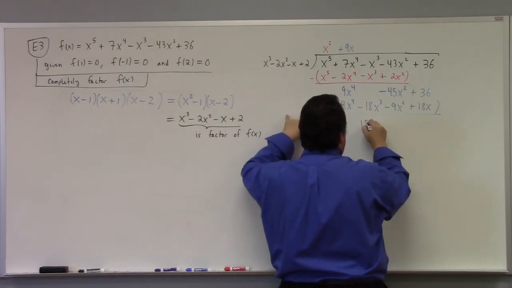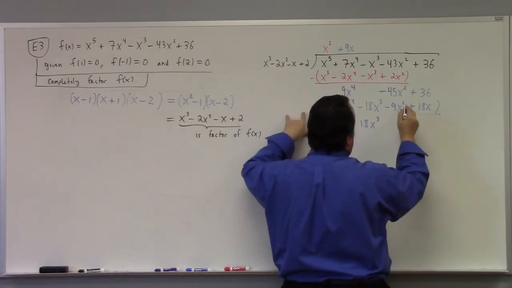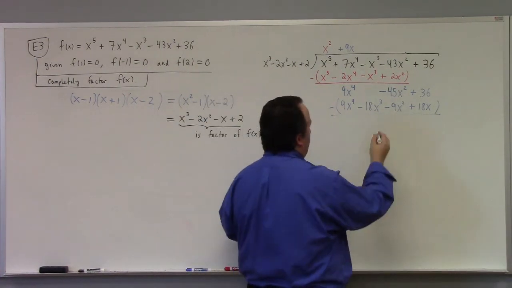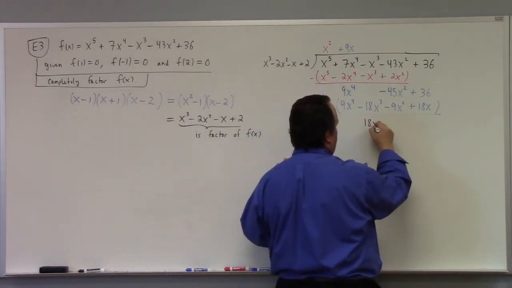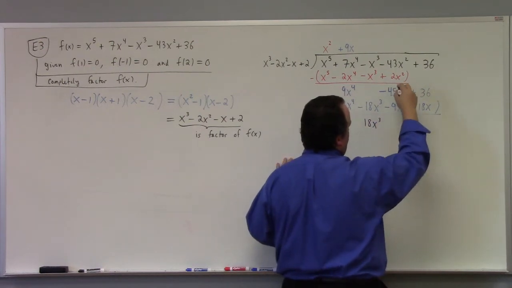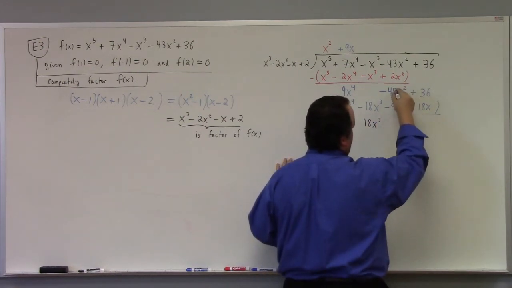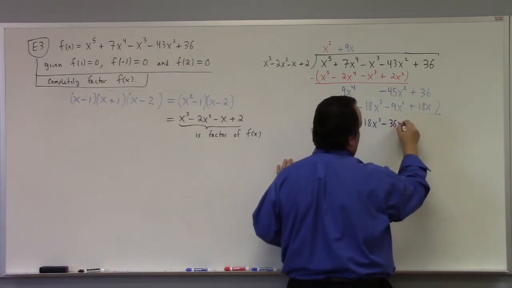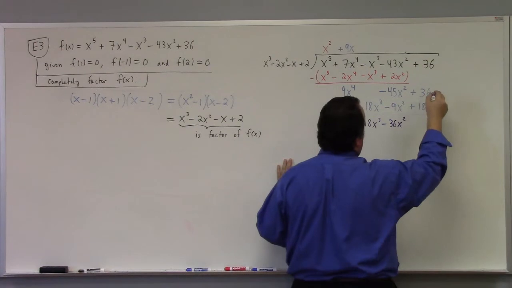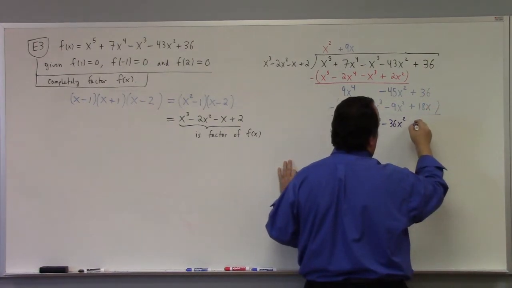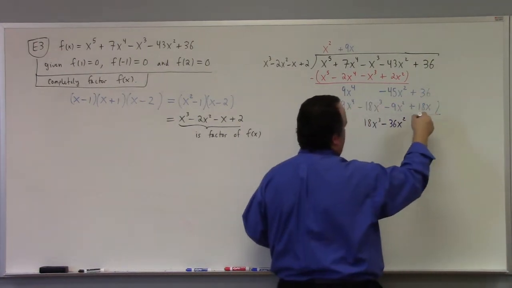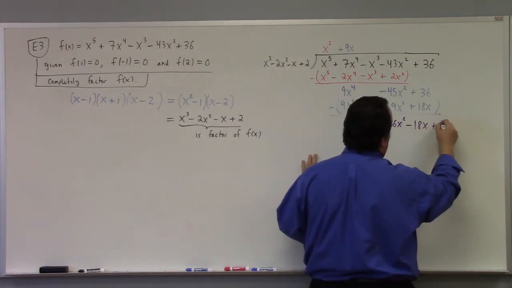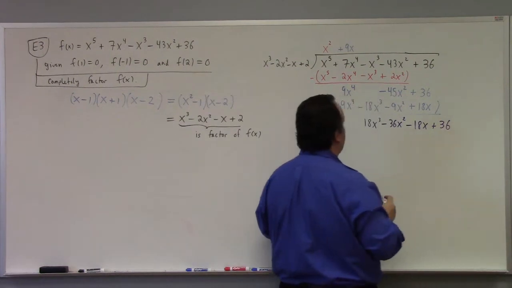Looks like we've got 18x cubed. The x squareds give me, let's see here, that's plus 9, so minus 36x squared. Oh, I can't subtract these, right? So then I have minus 18x, and 36. Got to be careful, right?